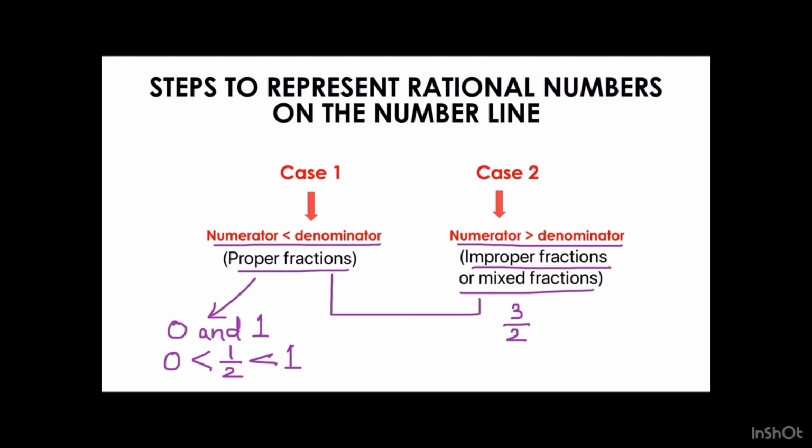Let's convert 3 by 2 into mixed fraction. 3 divided by 2. 2 times 1 gives 2. Subtract it. We get the remainder as 1. So we write it in the form of Q R by D. So 3 by 2 is equal to 1 1 by 2.